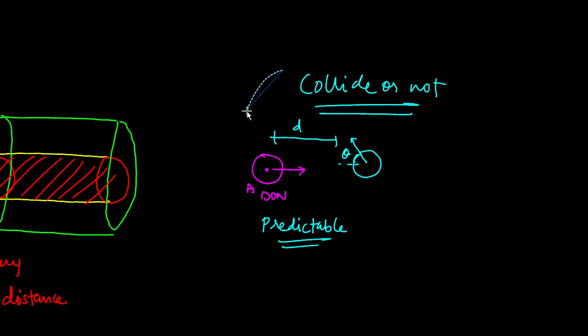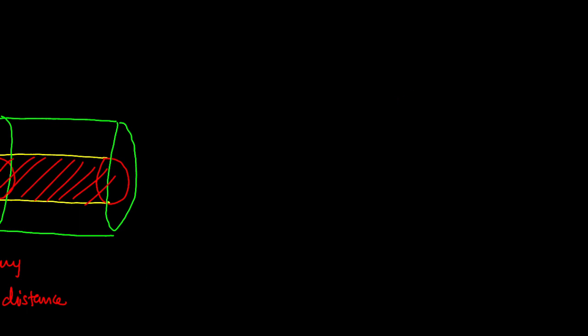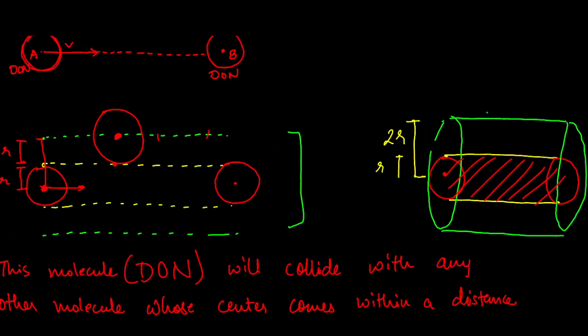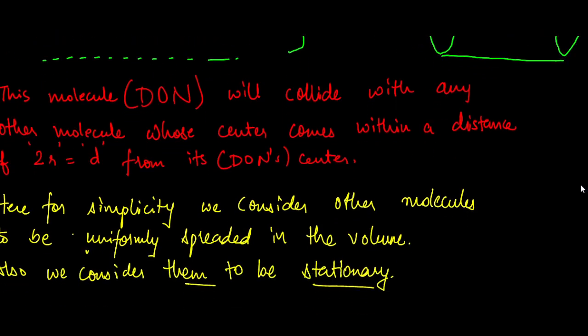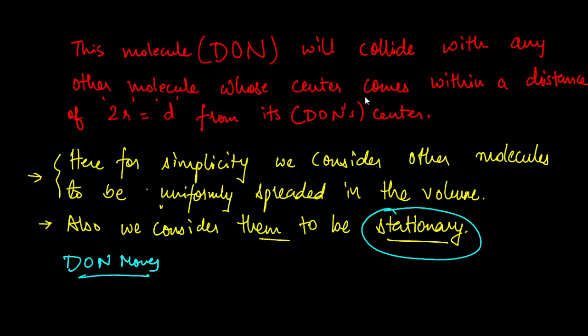So here we are deriving a simpler version, where instead of all molecules moving, we are assuming that only Dawn moves and others are stationary. Did you understand the assumption? Again, this assumption is only to avoid the mathematical complexity. Otherwise you must have understood how dangerous it would get.